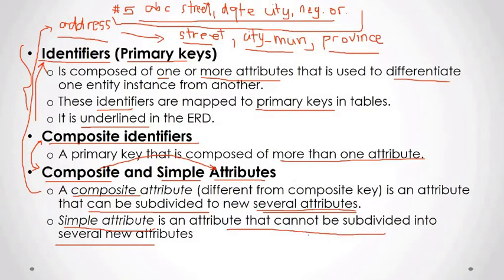Okay, one example of a simple attribute is your first name. Probably your first name will be composed of 3 names, but there is no way for that to be subdivided.